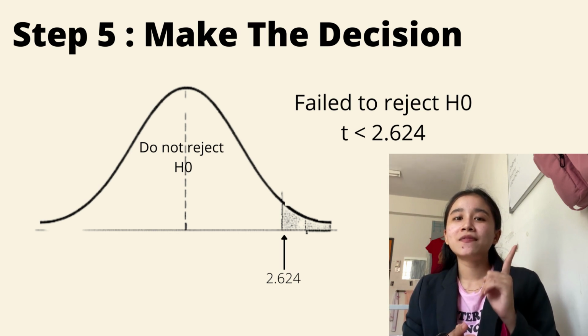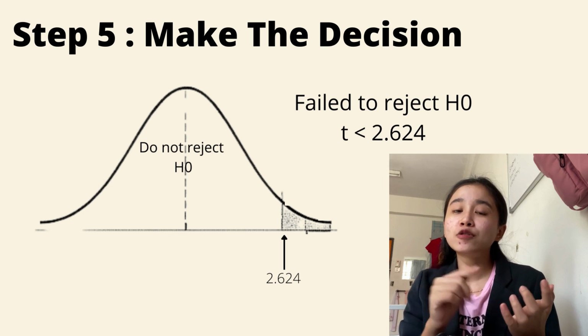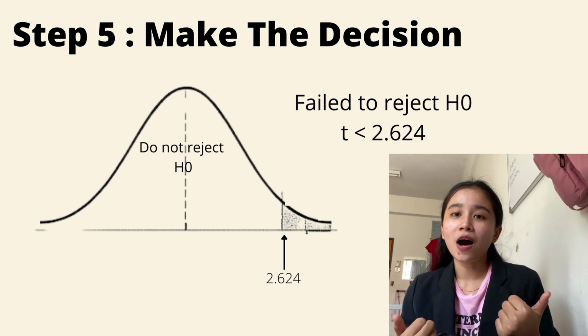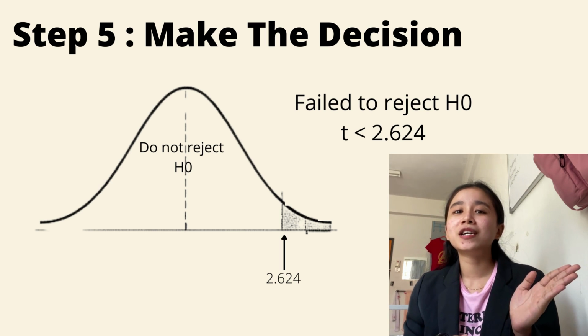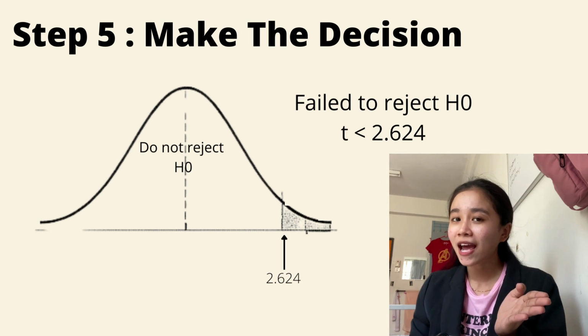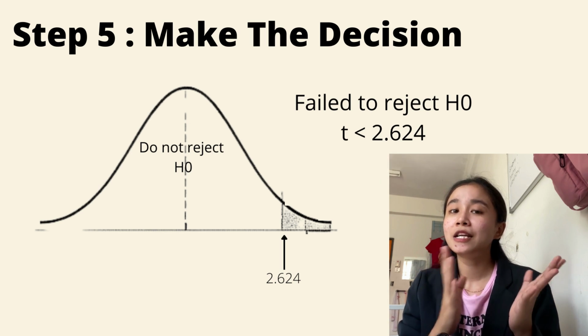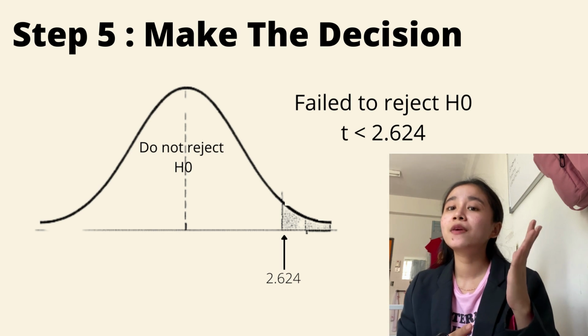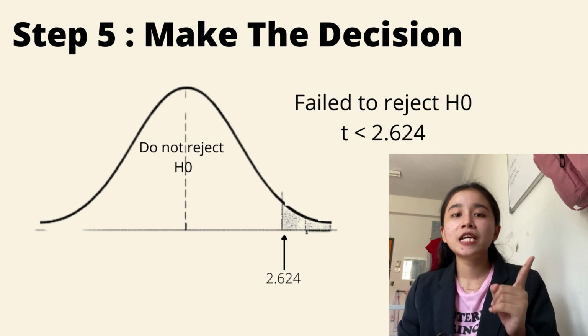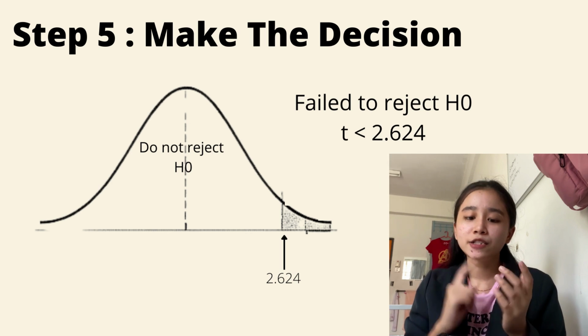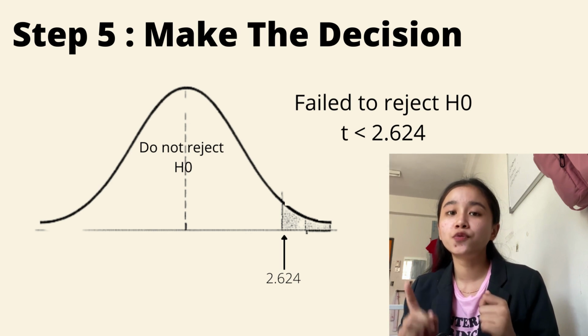After we get the T value, we can move to the last step, which is making the decision. We know that the T value is 0.2343. We can recall the critical value that we got in the first step. The decision rule is that we reject H0 if T is bigger than 2.624.